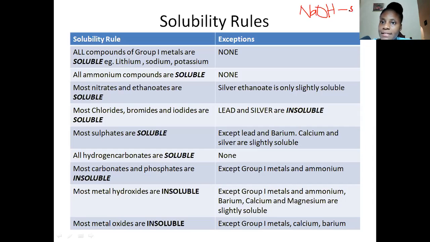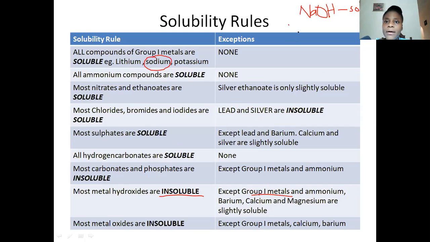Tell me, why is it soluble, Lorianne? Because sodium is in its name. Right, and anything with sodium is always soluble. Even though hydroxides are insoluble, once it has sodium in its name, it's soluble, no matter what.